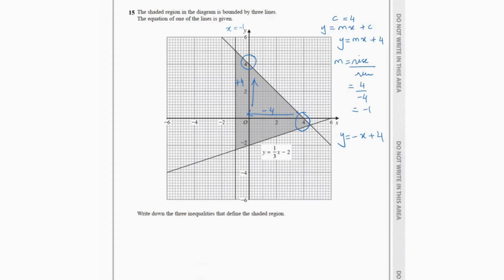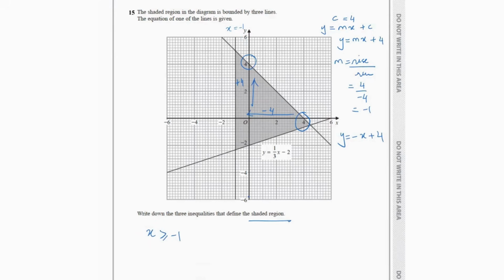Now we have to convert these equations into inequalities based on the shaded region. So they're saying that the 3 inequalities define the shaded region. If we look at x equals -1, the shaded part is on the right side of the line. And on the right side, the values of x are increasing, which means x is greater than or equal to -1.